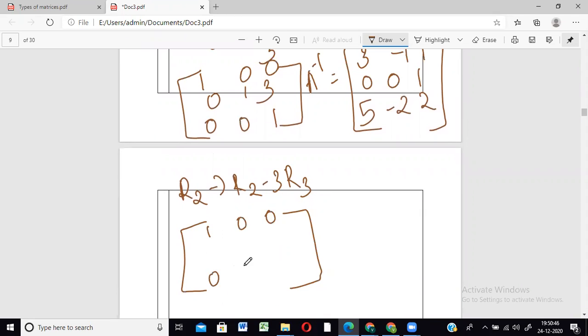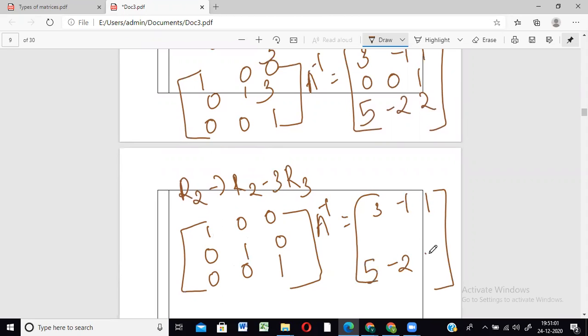R1 and R3, there's no change. 0 minus 3 times 0, 1 minus 3 times 0, and then 3 minus 3 times 1, so that's 0. R2 becomes 0 minus 3 times 5, so that's minus 15. 0 minus 3 times -2 is 6. And 1 minus 3 times 2 becomes -5.